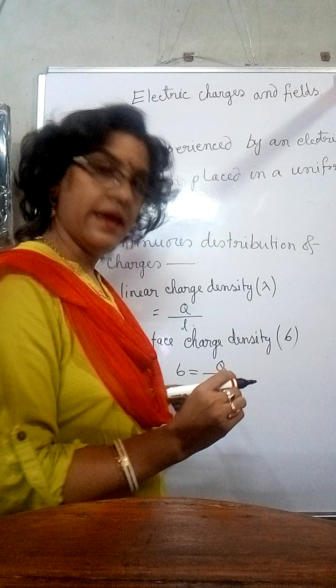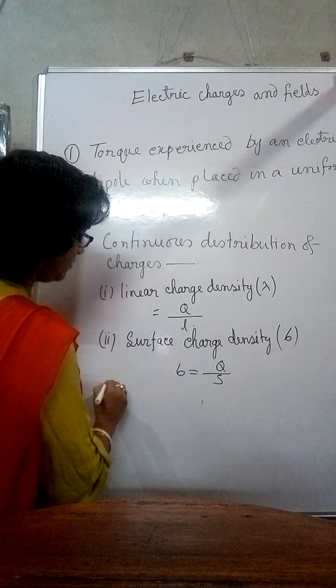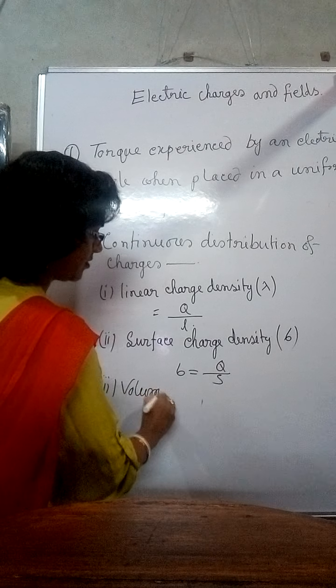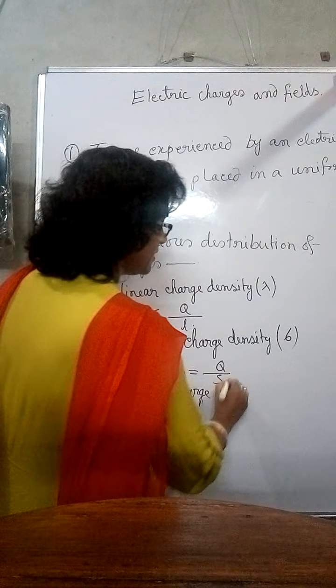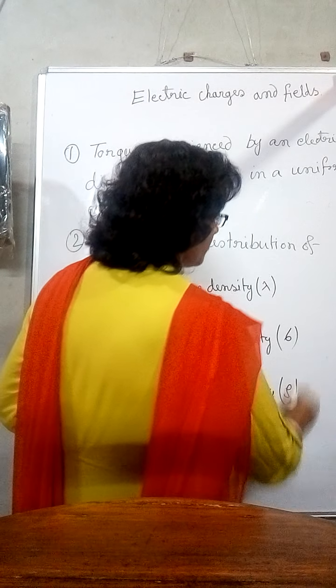Last one is volume charge density, its symbol is rho.